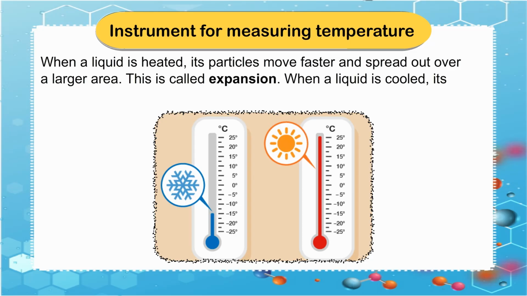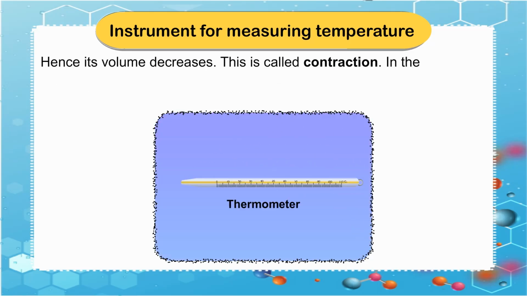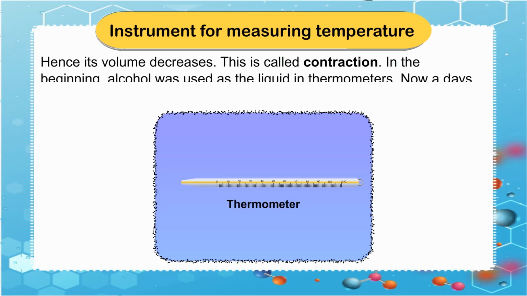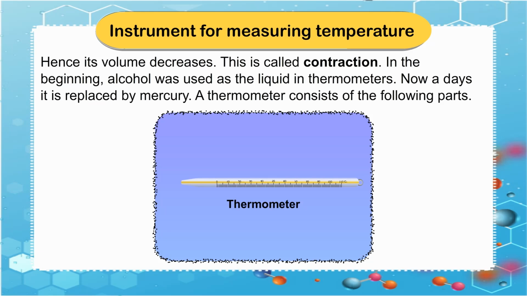When a liquid is cooled, its particles slow down and come closer. Hence its volume decreases. This is called contraction. In the beginning, alcohol was used as a liquid in thermometers. Nowadays it is replaced by mercury.